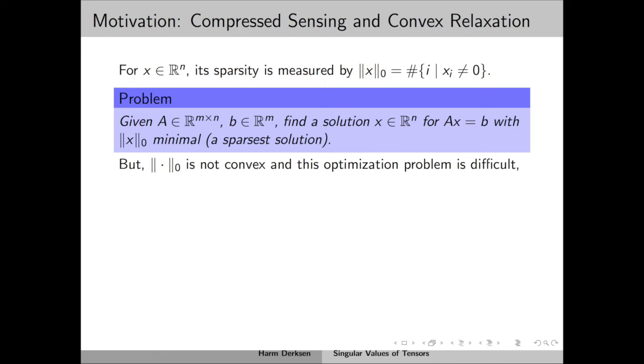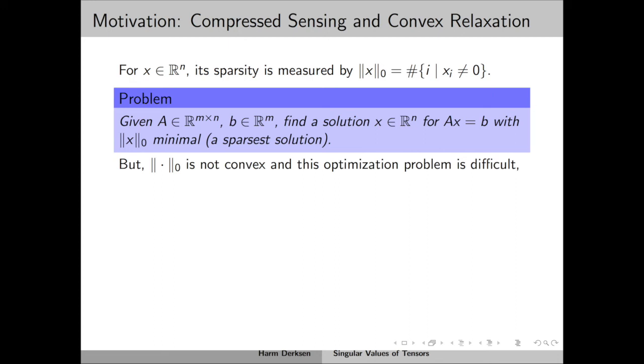In principle, there are infinitely many solutions, but we want to find a sparse solution, meaning that the solution has many zeros. The sparsity of a vector can be measured by what some people call the L0 norm. It's not really a norm, but you just count the number of indices for which the coordinate is non-zero.